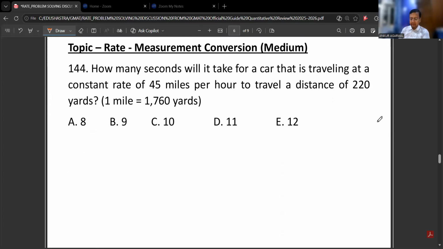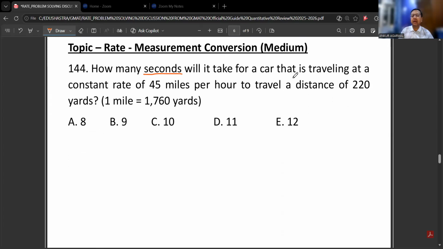So till now we have solved mission 4. Now this is mission number 5, question number 5. Okay, how many seconds? Just mark again. We have to calculate some seconds, right?